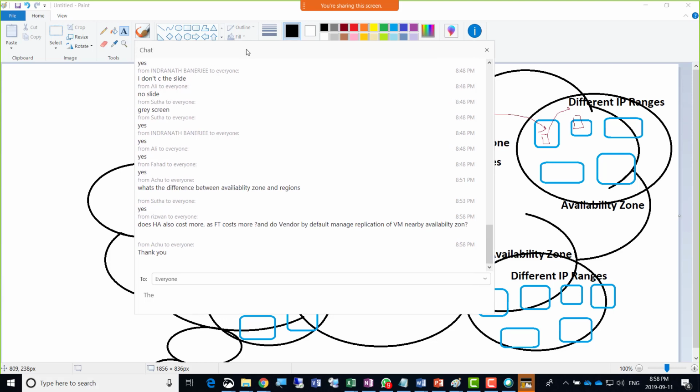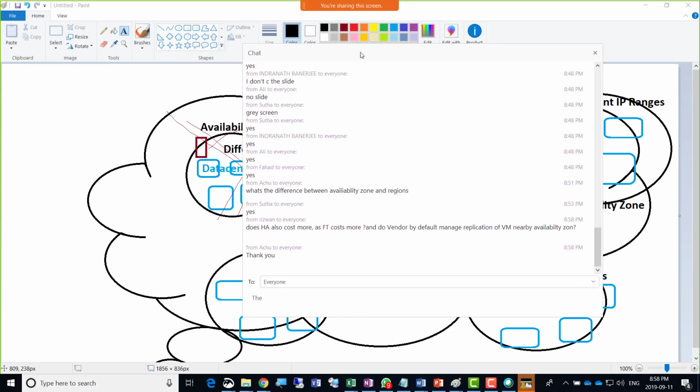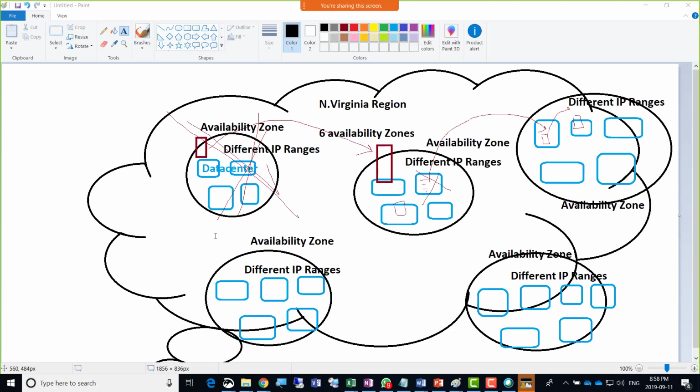So yes, Rizwan, for HA and fault tolerance, you have to pay. If you want cross region data, North Virginia to another region, that will cost you. If you want cross availability zone, that will be costing you. It's going to be cheaper if you have it across data centers. They do increase the price per hour.